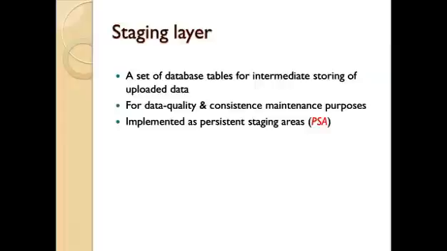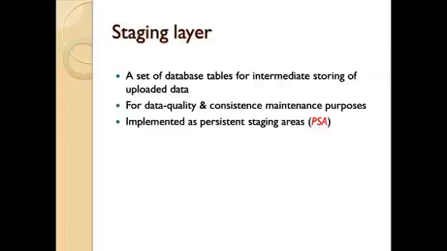Basically relational tables that are used to store data, and once data is stored there, we can then check for data quality. We can check for any consistency or data errors and so on.